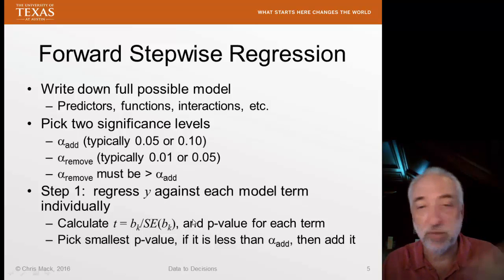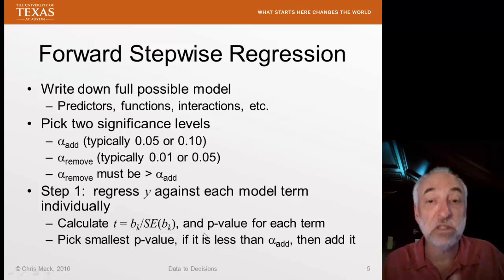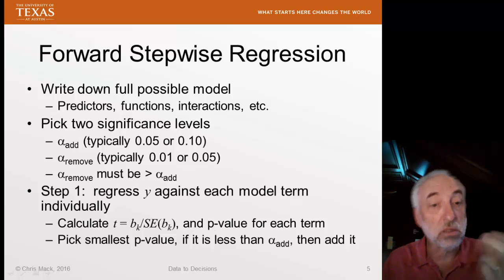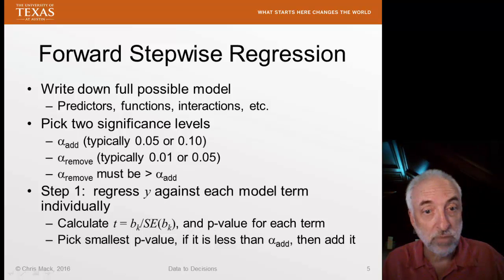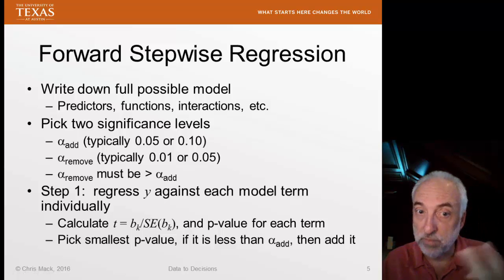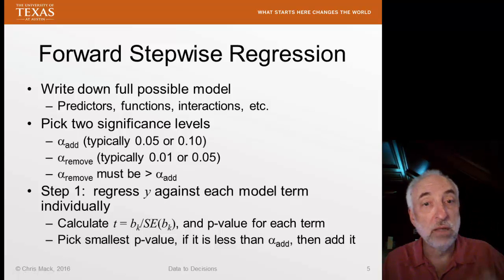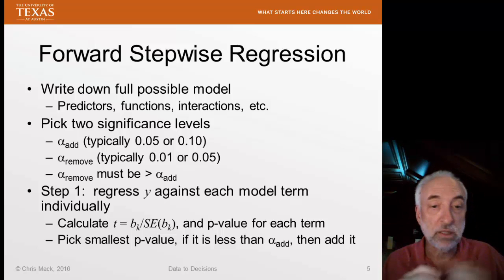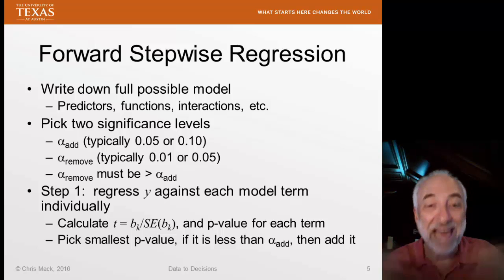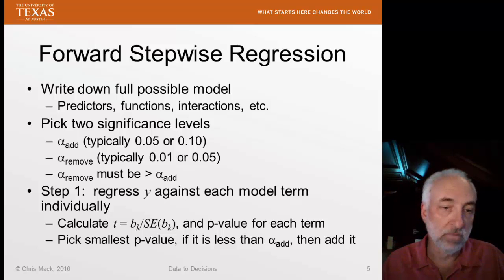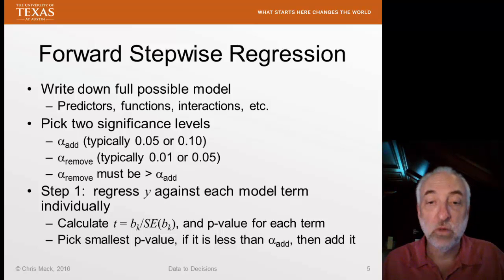In all of our regression types, maybe even logistic or something else, we can still calculate a p-value associated with that specific coefficient. Now remember, it's a model with only two terms. But if we had 20 possible terms, we can do that exercise 20 times and look at every single two-term model out there.